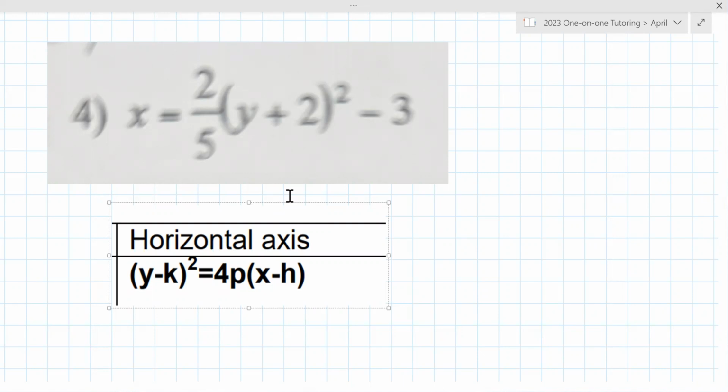So to move the 2/5 over, would I make it into 5/2? You'd multiply both sides by 5/2, yes.